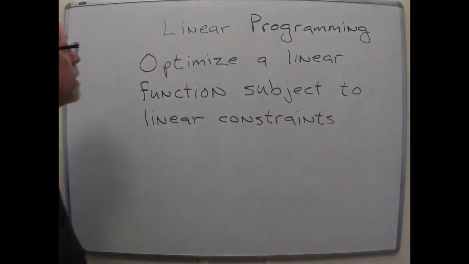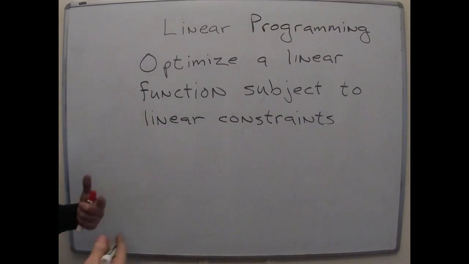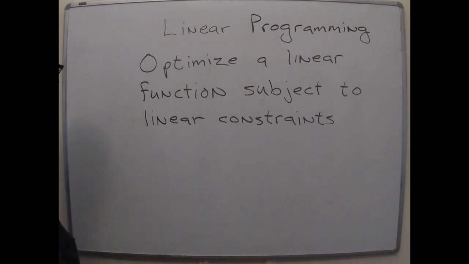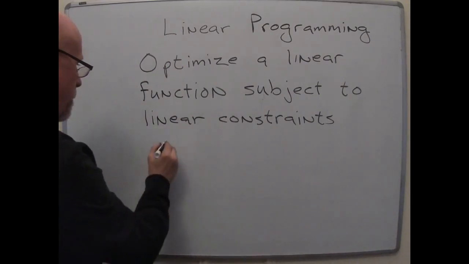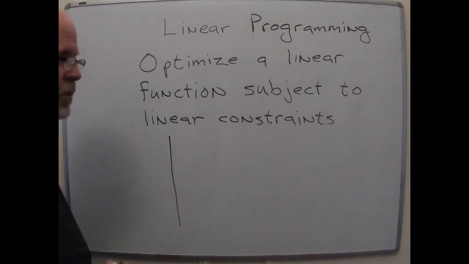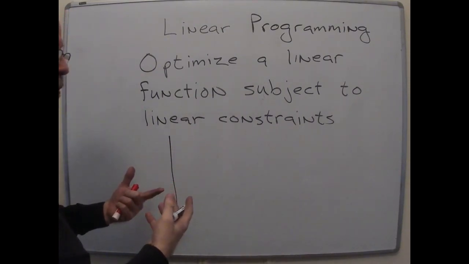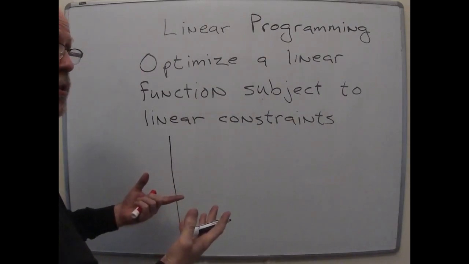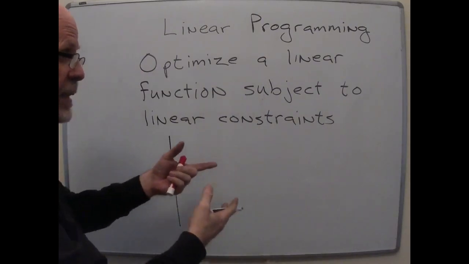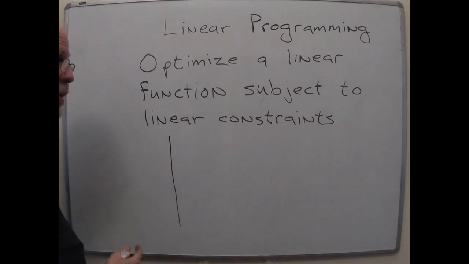And I'm not going to go through the whole generality of linear programming. I just want to give you an image of how this business plays out. Usually this is done in the business world to find the ideal mixture of items that you're selling that'll maximize your profit.